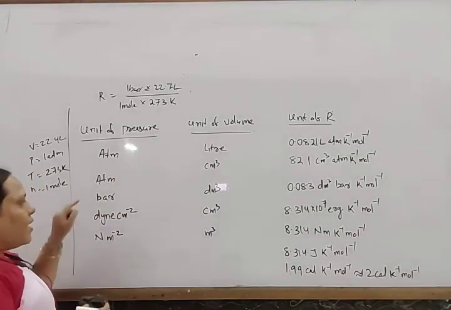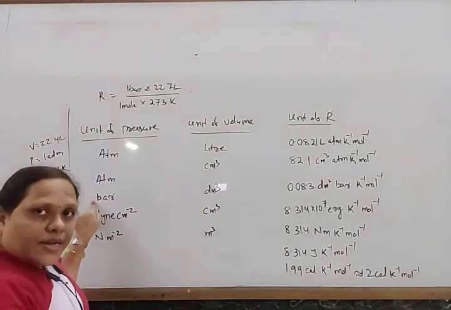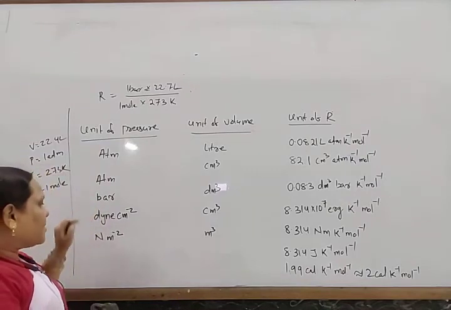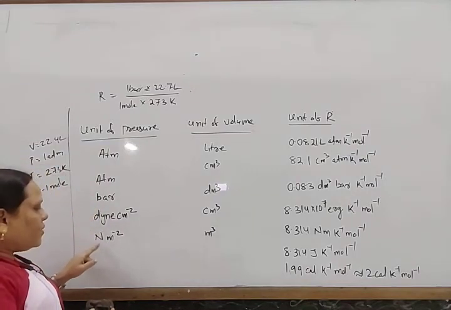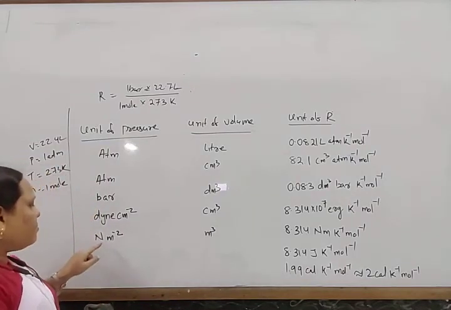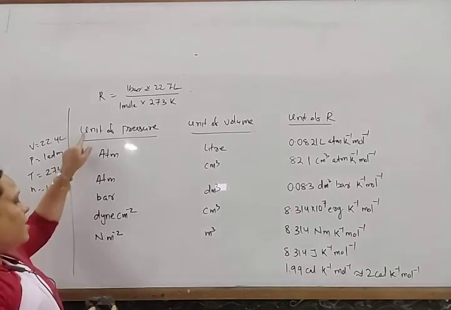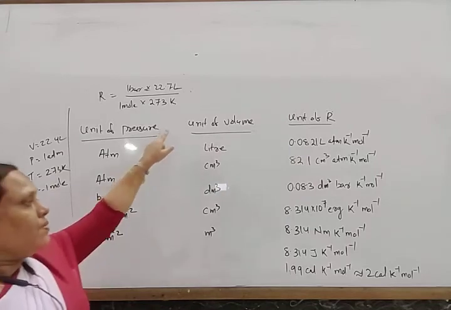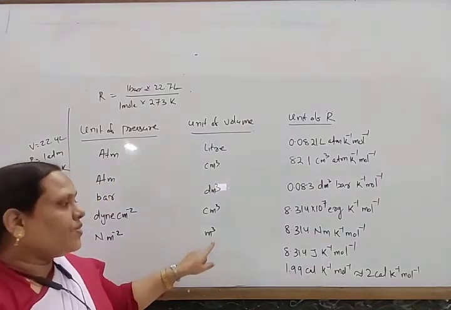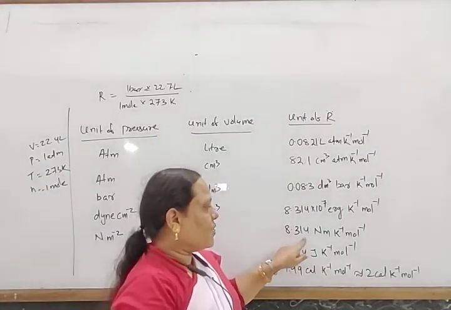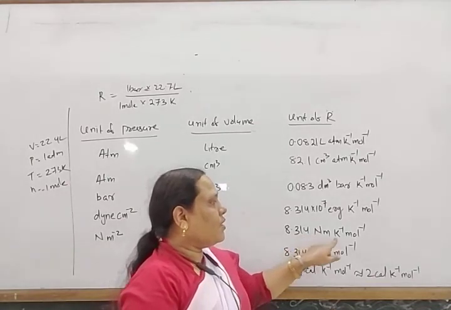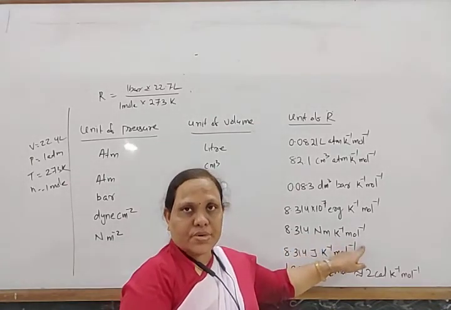And you know 1 bar equal to 10 to the power 5 Pascal, and 1 Pascal equal to Newton per meter square. If you take the pressure in Newton per meter square and the volume in meter cube, then you find 8.314 Newton meter Kelvin inverse mole inverse.